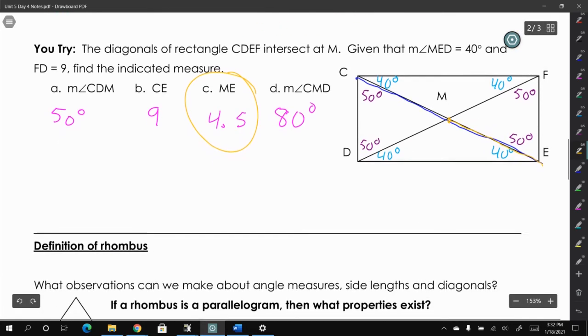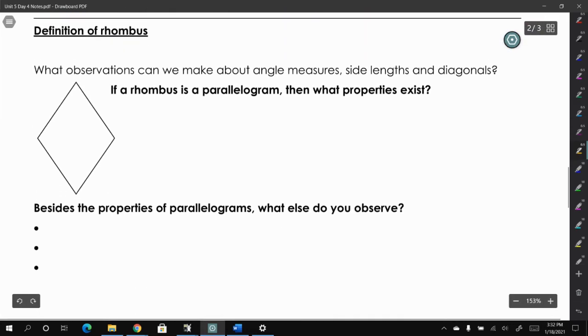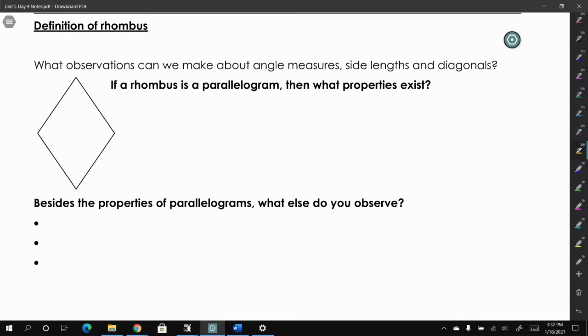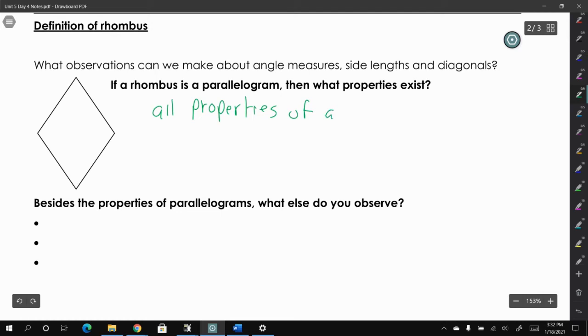So we're going to move on and talk about rhombuses. So in a rhombus, all the properties of a parallelogram exist. All properties of a parallelogram. And we're not going to spend our time writing all those down once again.